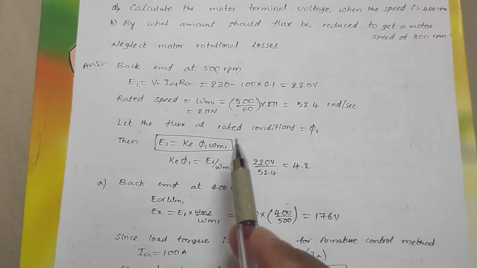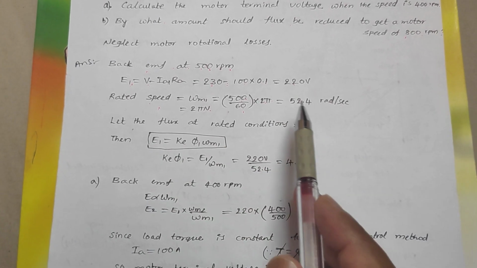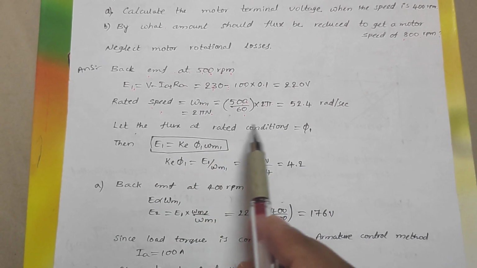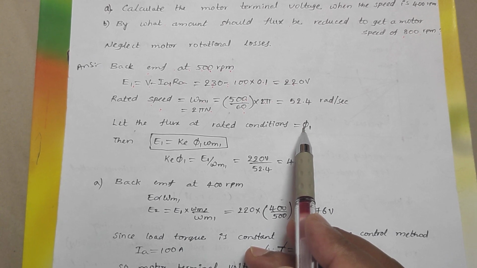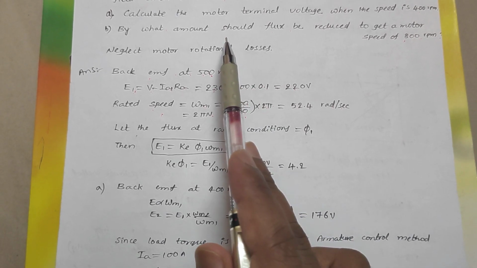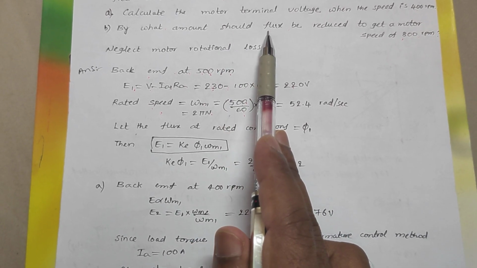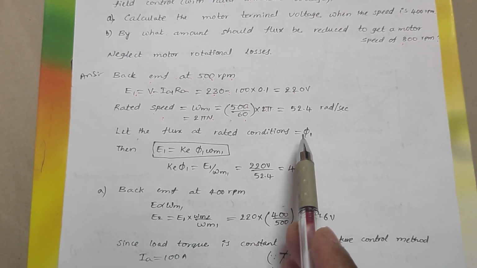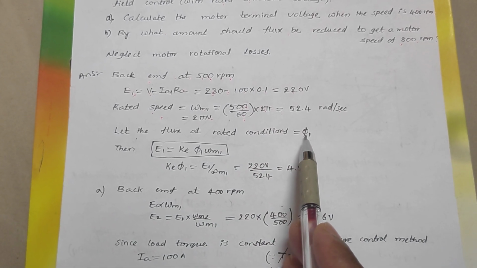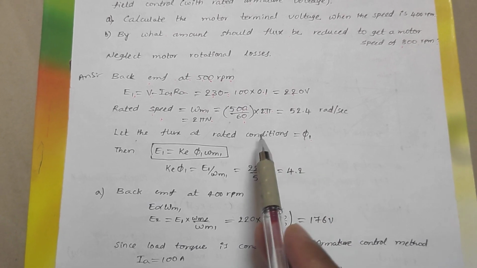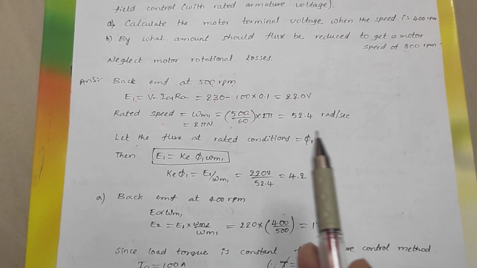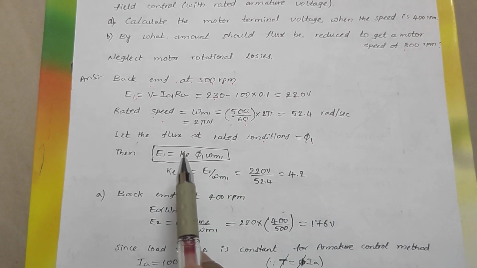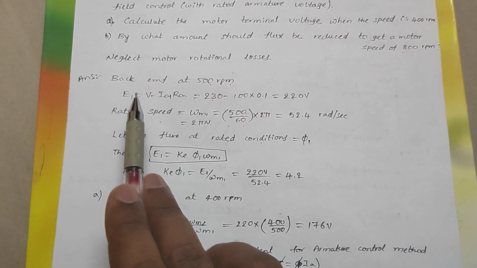And let the flux at the rated condition be phi 1, because we need to find the amount by which the flux is reduced. So initially we treat the initial flux as phi 1, at rated condition and rated speed, with the corresponding E1 you have calculated.